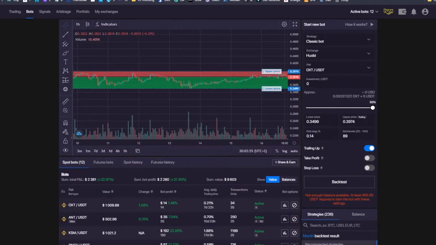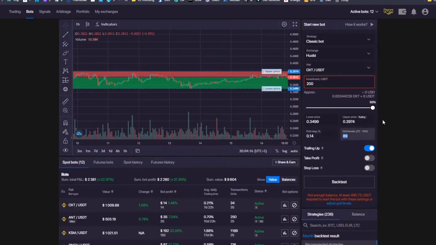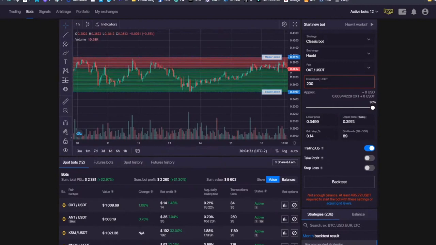So you can have trade configurations worth, let's say, $200, which you would otherwise not be able to afford on Binance because of their minimum trade size requirements. And you would not get this amount of grid levels on Binance because of these strict requirements. So it's really about that.